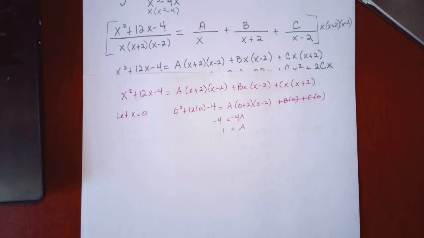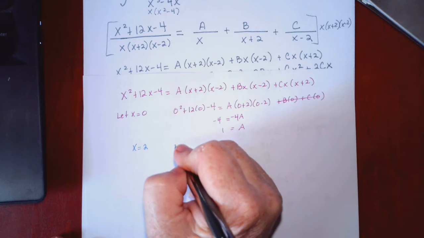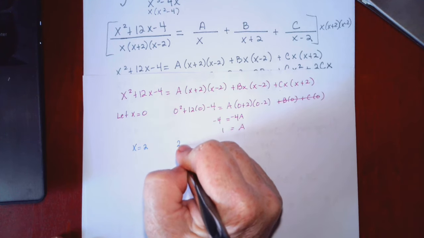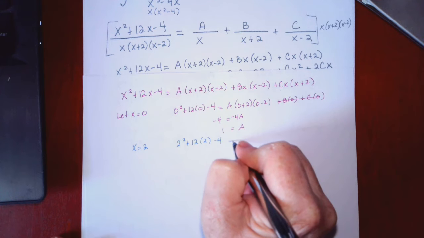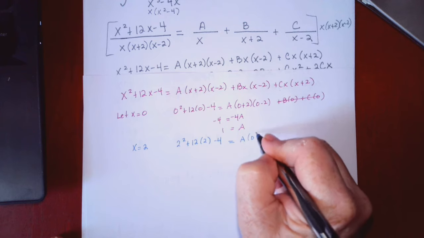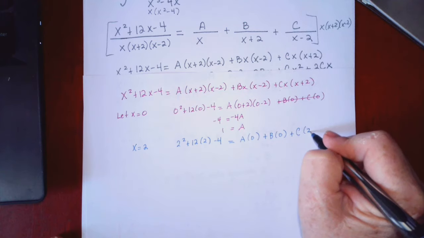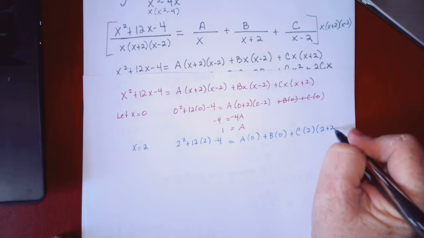Anybody have an idea about what another, quote, smart choice for X would be on this? 2. If we let X equal 2, the left-hand side would be 2 squared plus 12 times 2 minus 4, is equal to A times 0 plus B times 0 plus C times 2 plus 2.